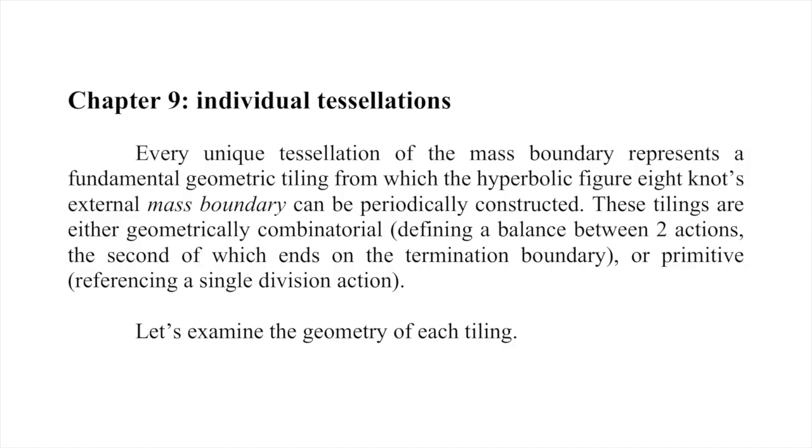Chapter 9, Individual Tessellations. Every unique tessellation of the mass boundary represents a fundamental geometric tiling from which the hyperbolic figure-8 knot's external mass boundary can be periodically constructed. These tilings are either geometrically combinatorial, defining a balance between two actions, the second of which ends on the termination boundary every time, or primitive, so referencing a single division action.